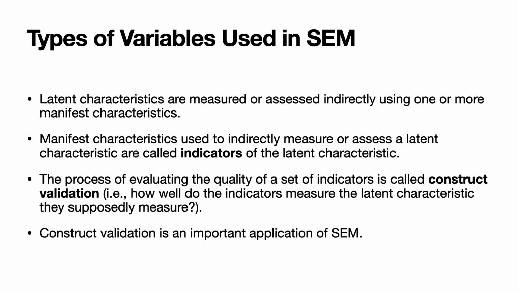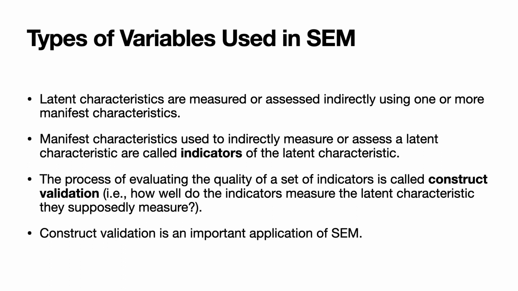So latent characteristics are characteristics that cannot be observed or measured directly. But latent characteristics can be measured and assessed indirectly using one or more manifest characteristics. Now, the manifest characteristics that are used to indirectly measure or assess a latent characteristic are called indicators of the latent characteristic.